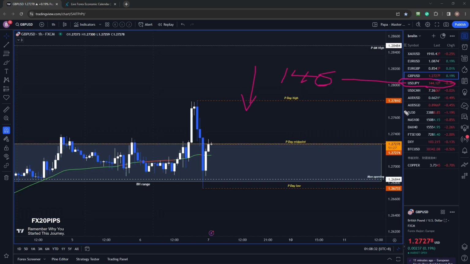Okay, for them to intervene. And if they intervene to push the price down, meaning they have to sell US dollar. Right, if they start selling US dollar, then GBPUSD goes up. That's in theory. Hopefully Bank of Japan does that. Alright, if not, then it is what it is.